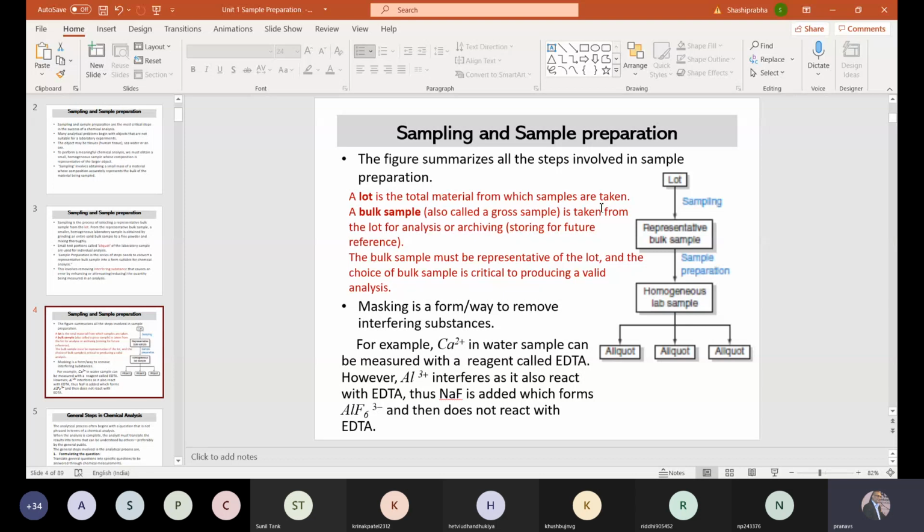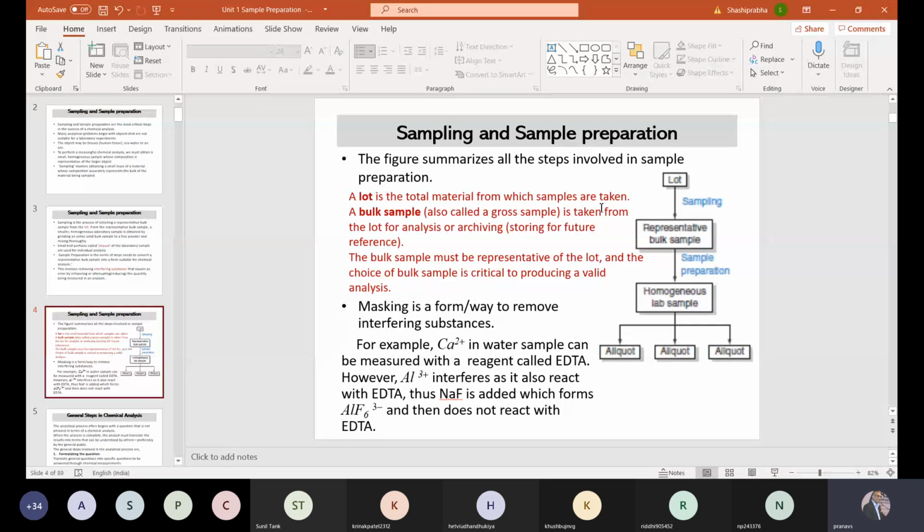Since you do not work with real samples, you don't understand the gravity of sampling and sample preparation, because we give you ready to use samples for analysis. So one never bothers, and that is very obvious, and we don't know what actually is happening. See, this is where things become difficult in analysis.